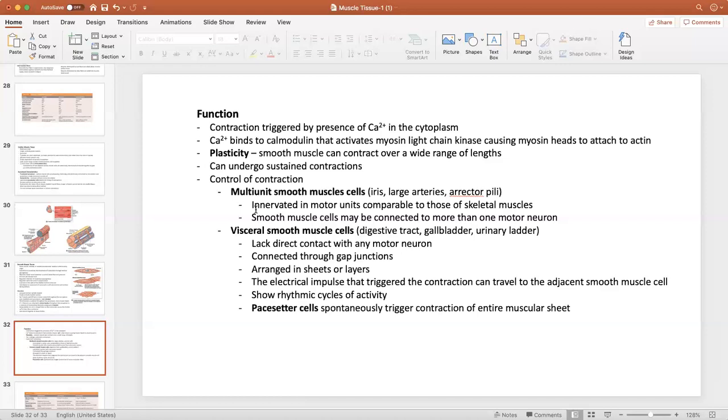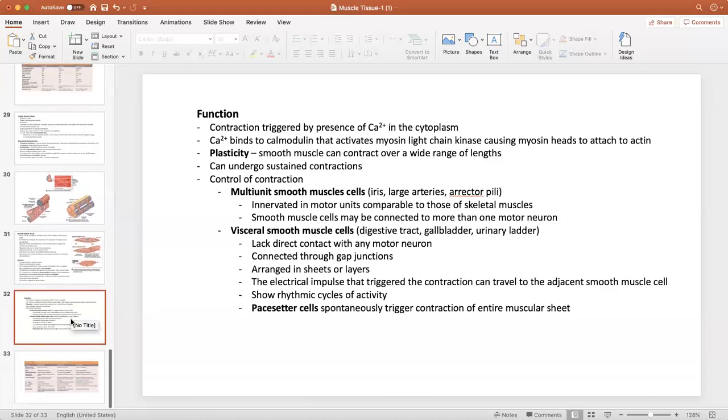The pacesetter cells spontaneously trigger contractions of these muscle sheets, and this stimulation goes through these gap junctions, so the entire sheet or layer contracts, and this can help form rhythmic cyclic activity. That's what we need for peristaltic movement to move our food through our intestines. So two ways of contracting: with a motor neuron through the multi-unit smooth muscle cells, and then visceral smooth muscle cells, which do not have a motor neuron.